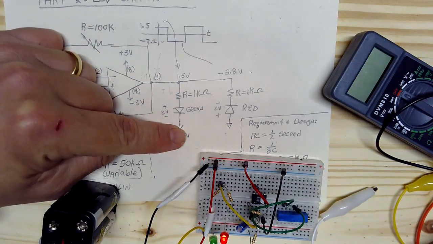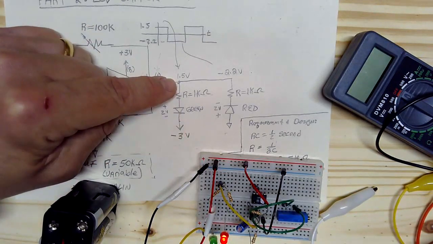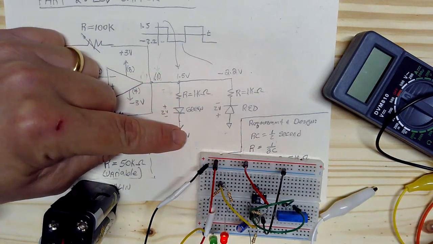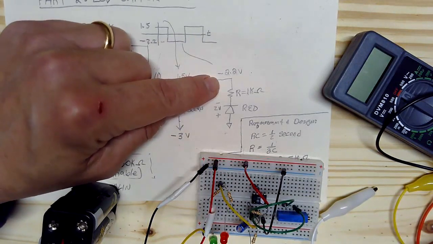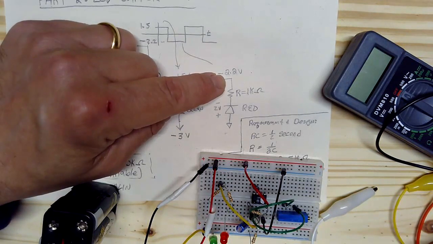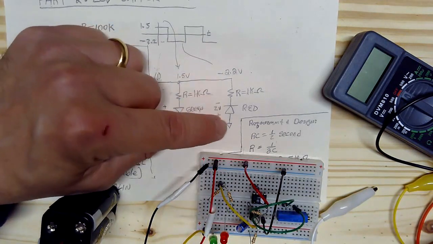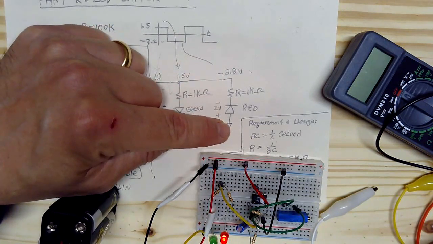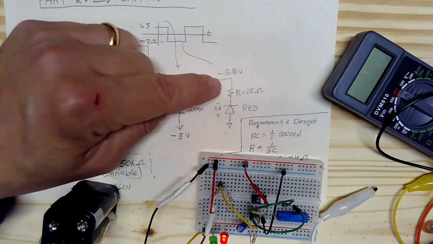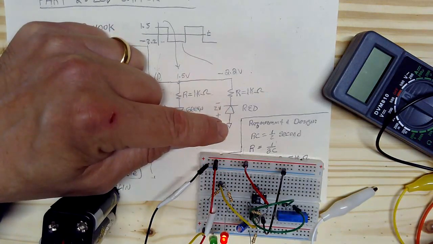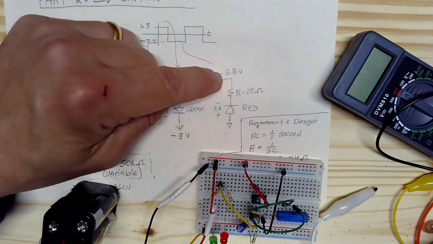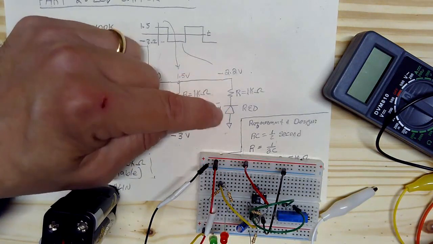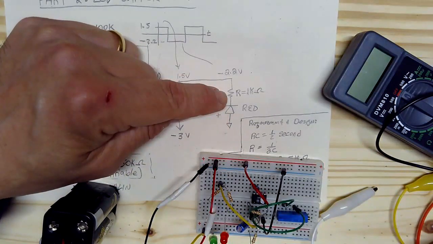But we know that the turn-on voltage of that LED is 2 volts. So this is not a large enough voltage to turn that on. On this side, when this goes negative, it's minus 2.2. That is enough voltage to turn on this LED, because we've got the anode grounded, and when we bring this down to minus 2.2 volts, we do have forward bias on that LED.